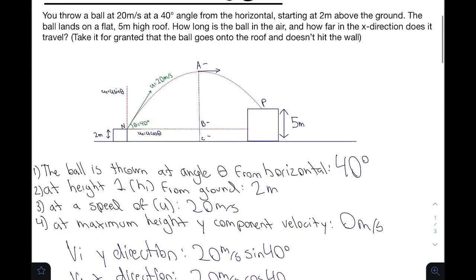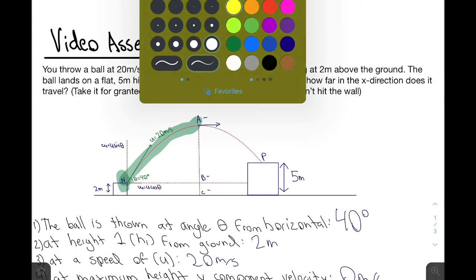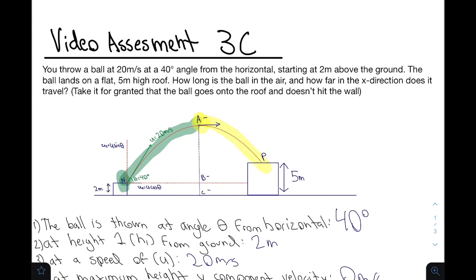Now, to go from point A to point P, we're going to have to use another equation. Vy max squared is equal to Vy squared over 2g. We know that Vy max is equal to 0.